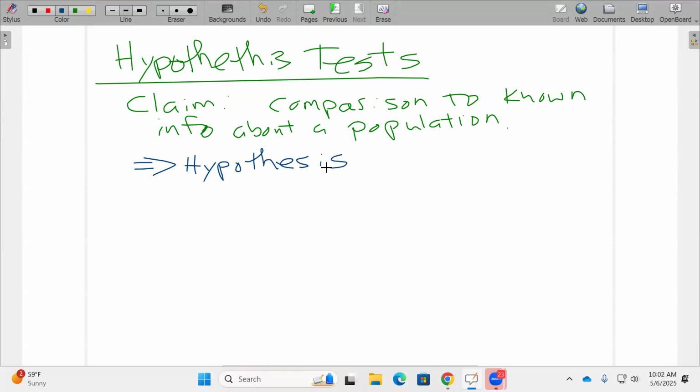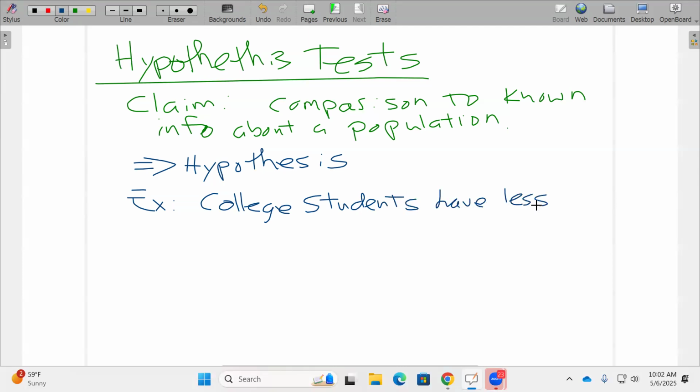So some example hypotheses, like we went over a minute ago, I might say that college students have less screen time than the average US adult.